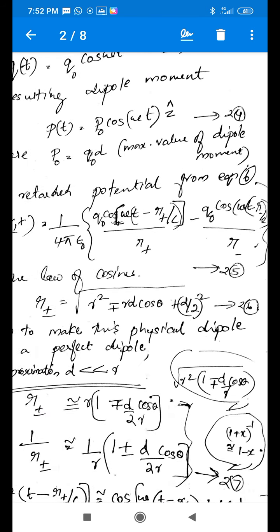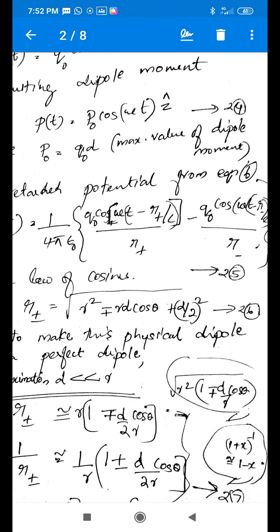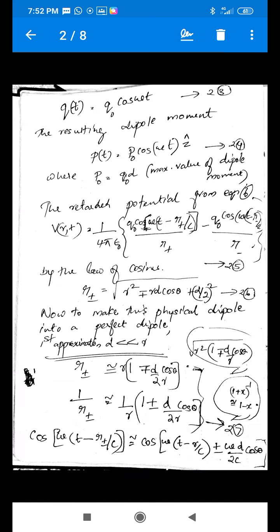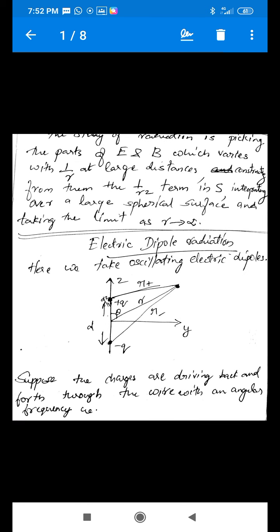You can see here we have two charges, plus q and minus q, so we have to consider both. The plus q is q0 cos omega t_r. Here we have to take t_r instead of t. So q0 cos omega t_r, where t_r is t minus r plus by c, and r plus is the distance from the plus q charge to the field point.